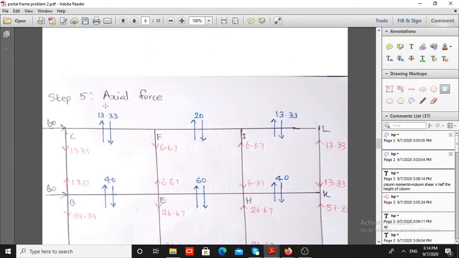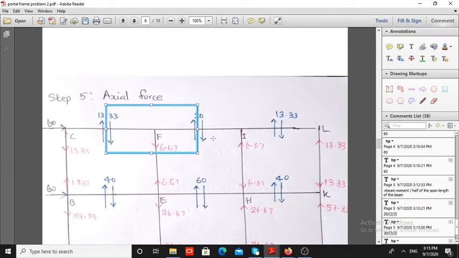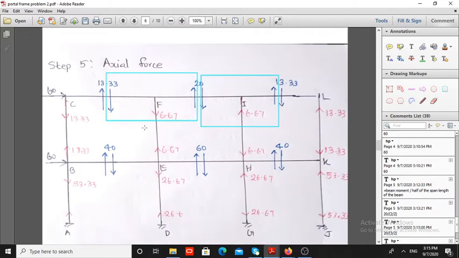That is, I am considering this figure. Okay, so total upward force should be equal to total downward force. Similarly, next consider this section, this joint. Also apply the same condition. Then you will get here the value 6.67 upward. The axial forces in the first two columns are tensile in nature.